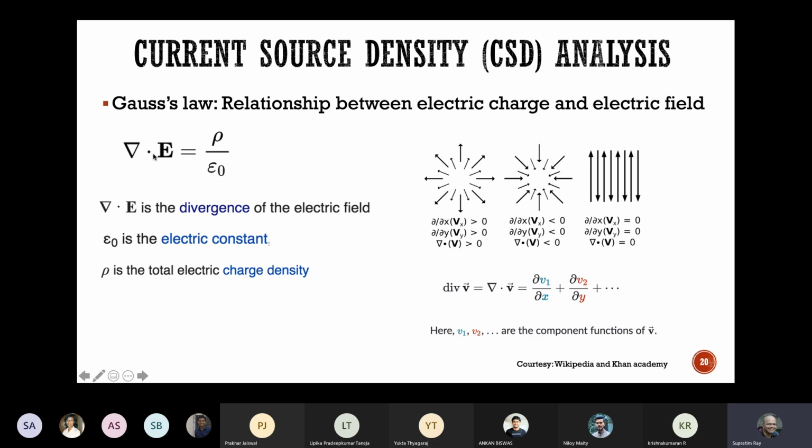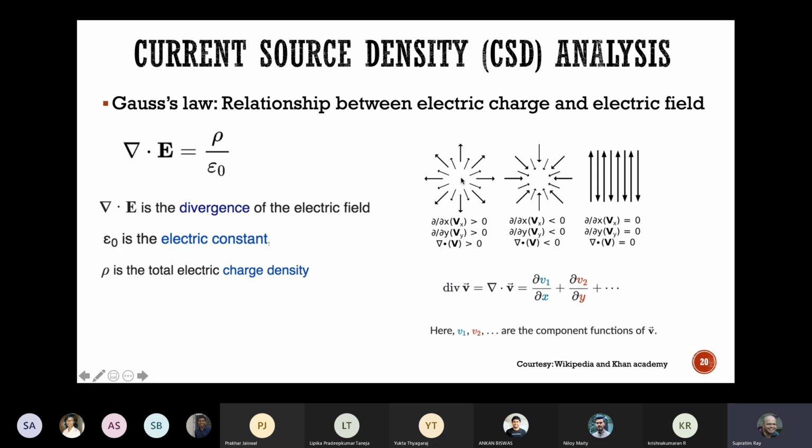The divergence here is just given by this formula. It's the derivative of v with respect to x plus the derivative in the y direction plus the derivative of v3, which is the vector component of v pointing in the z direction. Note that v is a vector here. So this is the divergence.